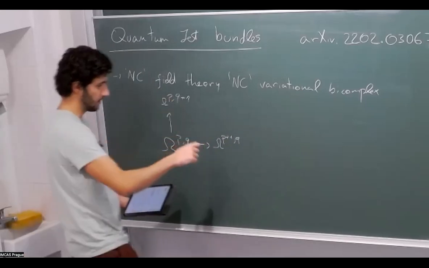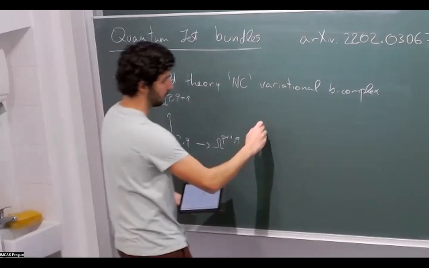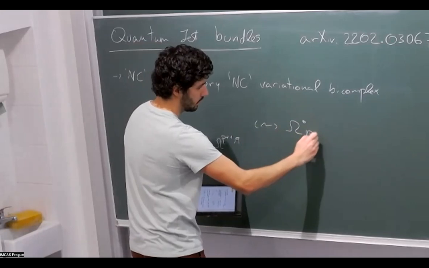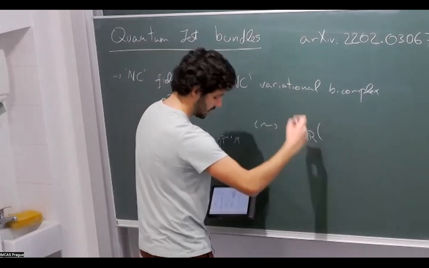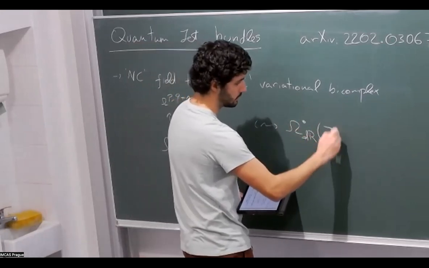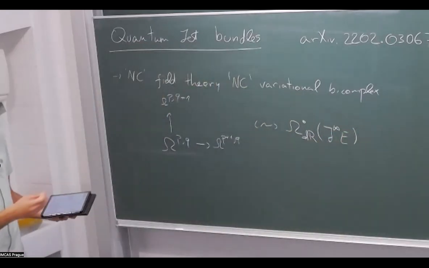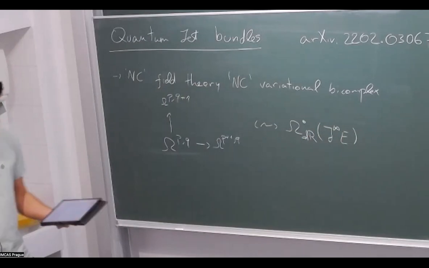You get this complex from the de Rham complex of the infinite jet bundle. For now, just think of it as some sort of bundle over a base manifold M, which would be our spacetime.